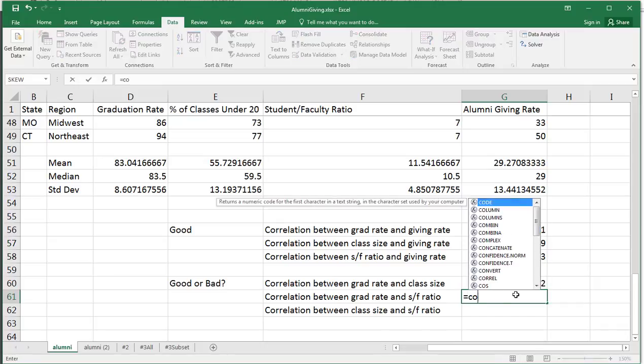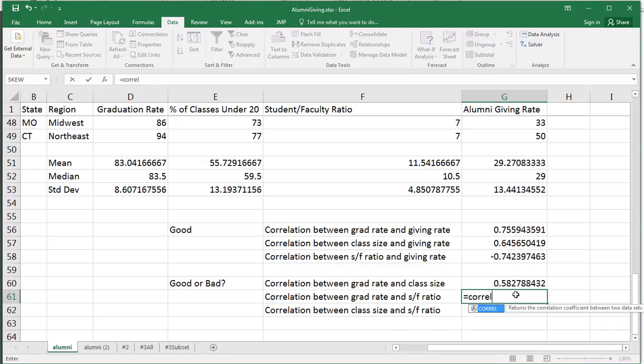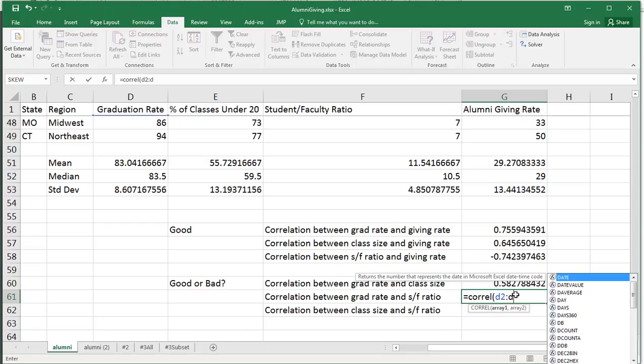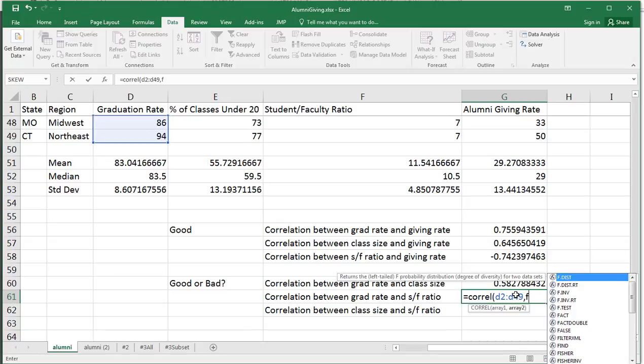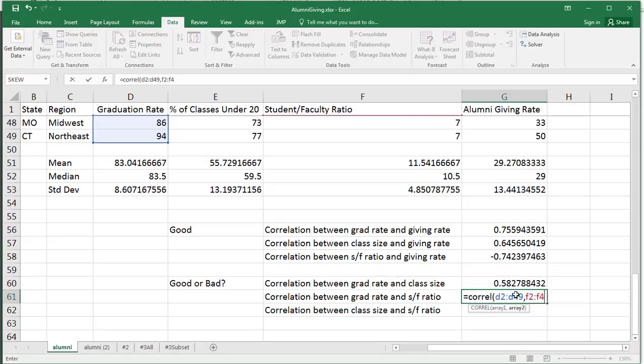The correlation is 0.5827, okay, and then the correlation between grad rate, D2 through D49, and student faculty ratio, which is in F2 through F49, is negative 0.604. And then the correlation between class size and student faculty ratio, E2 through E49 and F2 through F49.